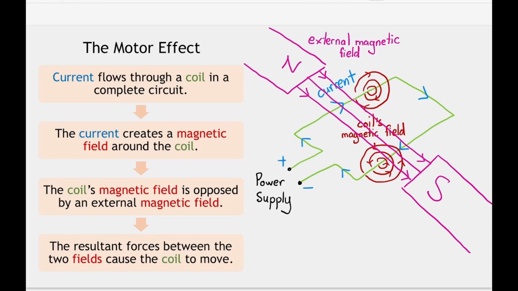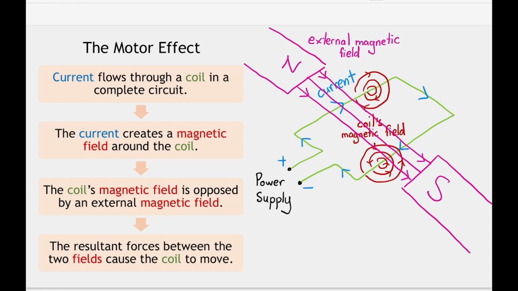There are now two magnetic fields, that of the coil and that of the external magnet. As stated in the fourth step, the resultant force between the two fields interacting with each other causes the coil to move. This movement is typically a turning motion in a clockwise or anti-clockwise direction.